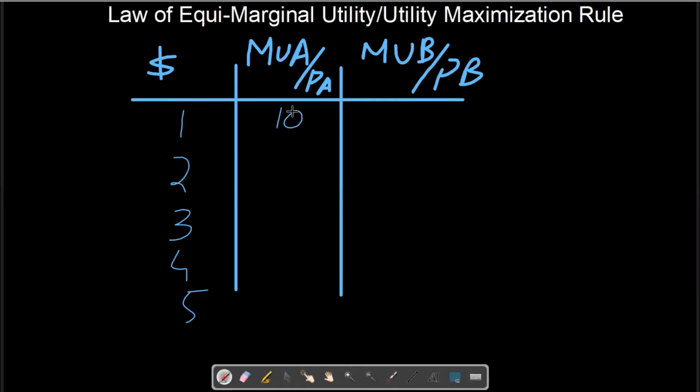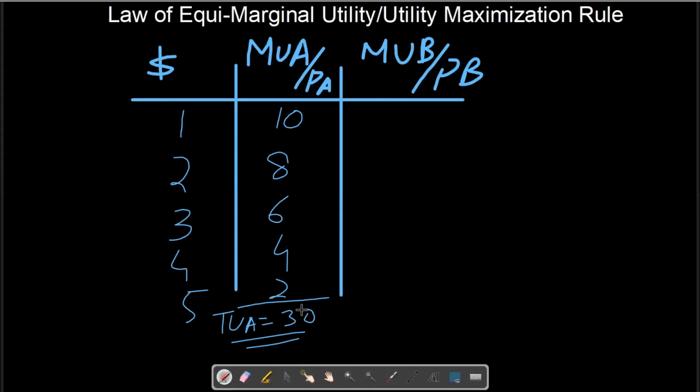Marginal utility of spending the second dollar on product A per price would be 8 units, and on the third it would be 6, and then 4, and then 2. In this way we can find the total utility that the consumer obtains from product A by spending all of his income, that is $5. We add the marginal utilities per price, 10 plus 8 plus 6 plus 4 plus 2. It gives us a total of 30 units.